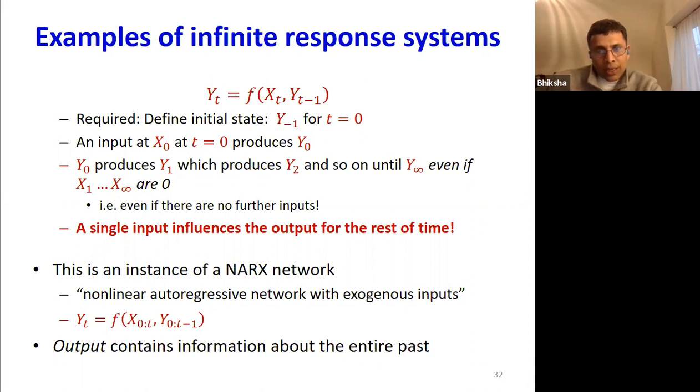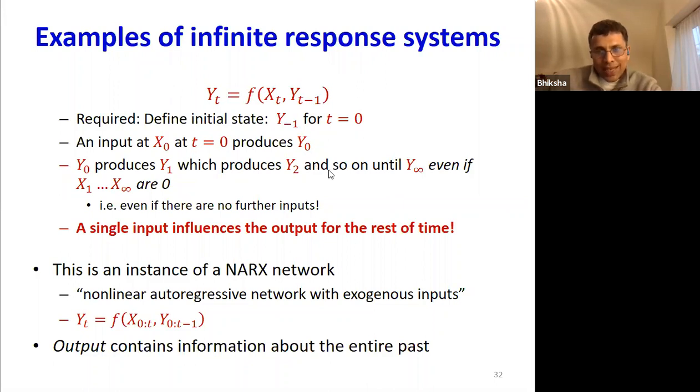So here's a very simple way of getting an infinite response system where something that happens today influences the output forever. A simple way to do it is to simply feed the output at any time back into the network as input at the next time. So yt is some function of the current input xt and the previous output yt minus 1. Now, of course, for this to work, we would have to define y minus 1, because at time 0 you need some value for this yt minus 1, right?